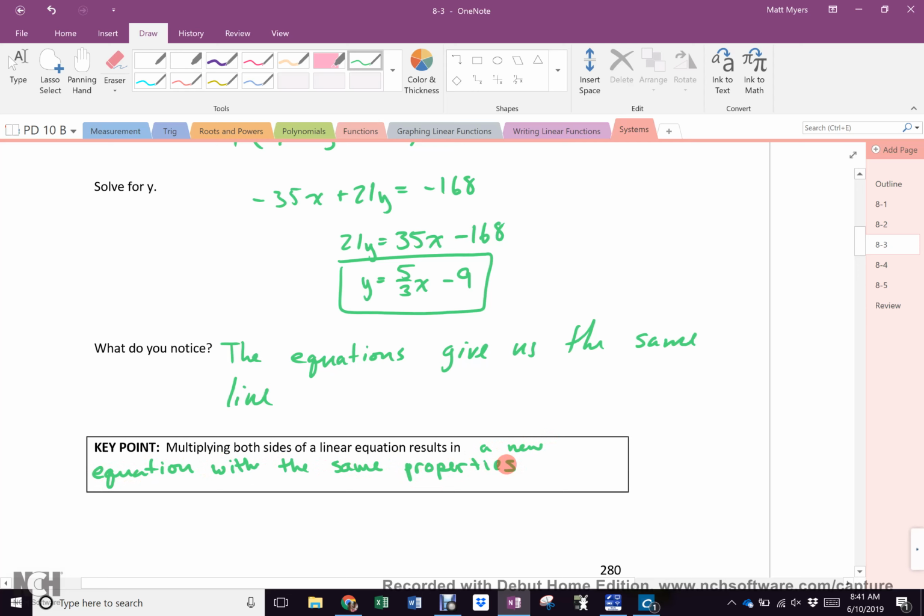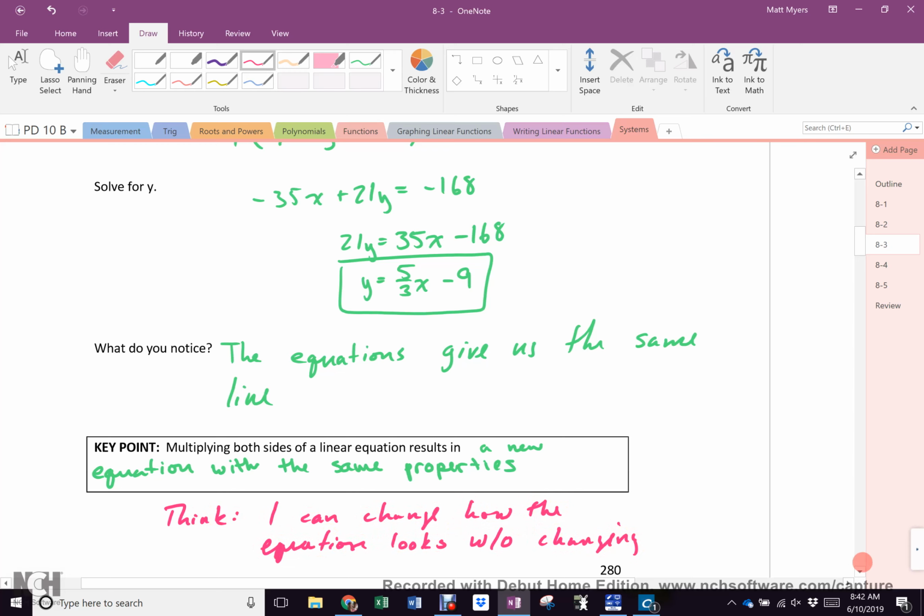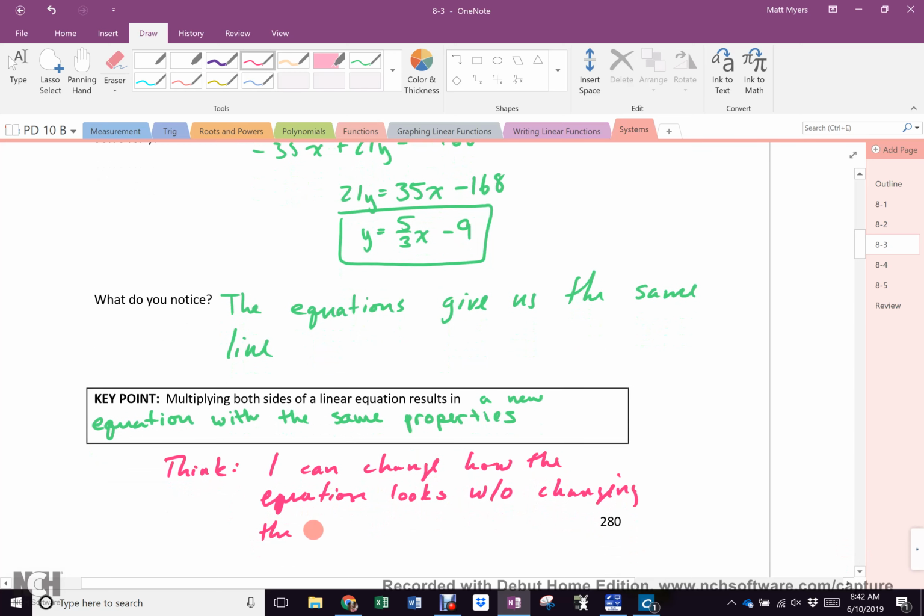This is your thought process. You are thinking, I can change how the equation looks without what? Without changing what, Anu? Without changing the answers.